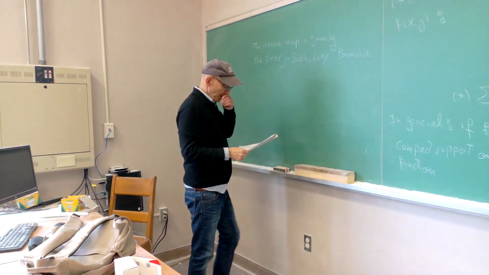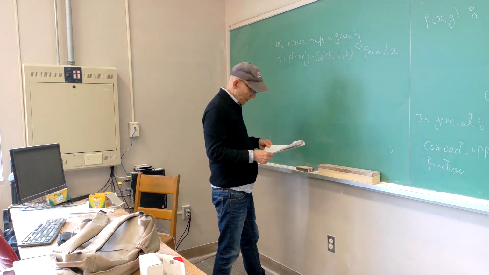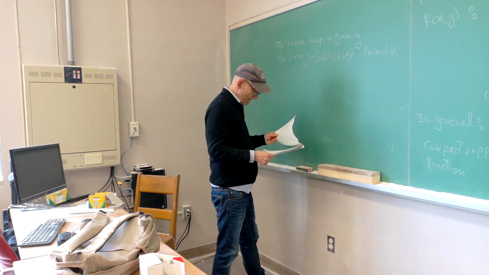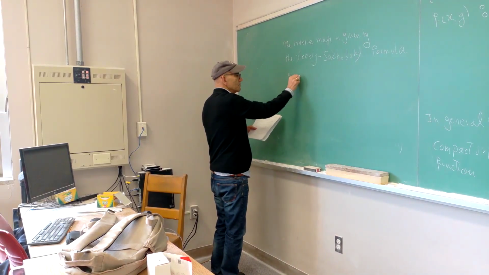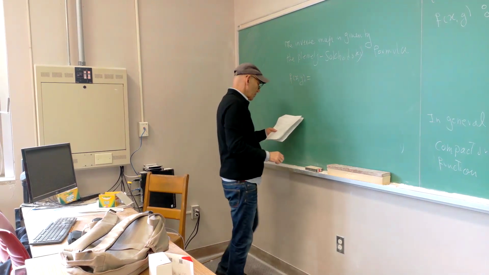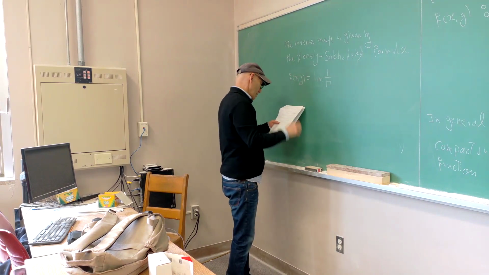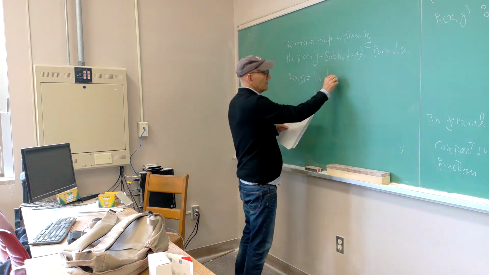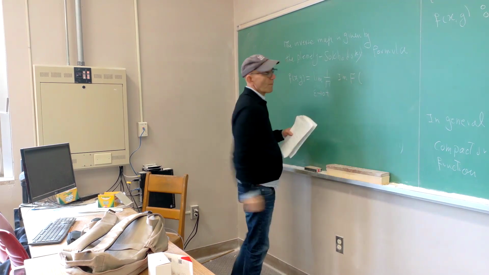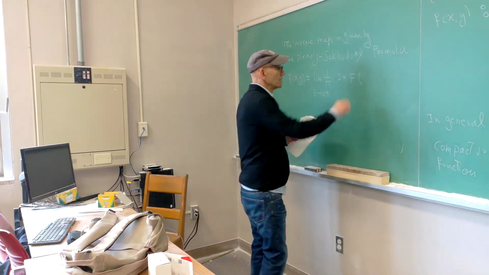So what is this? Basically, this tells us that, let me write it down, f of x and g is equal to the limit of 1 over pi, as epsilon goes to 0 plus, of the imaginary part of f of x plus i epsilon.